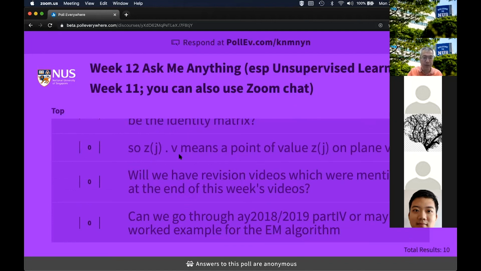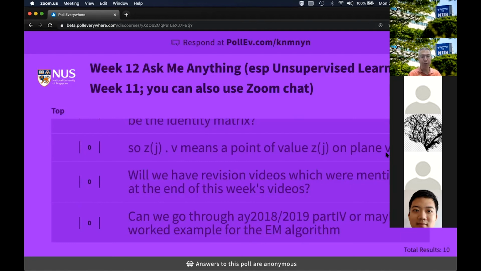So zj means a point of value zj on the plane v. Yes, that's correct. Basically we're looking for the projection of that data point onto the remaining dimensions that we're left with after doing the projection. If we're doing a projection of a 2D point onto a 1D line, that's exactly right. But in general, you can say I have a high dimensional space of size n, and I'm going to use only k dimensions to express it, so some subspace.